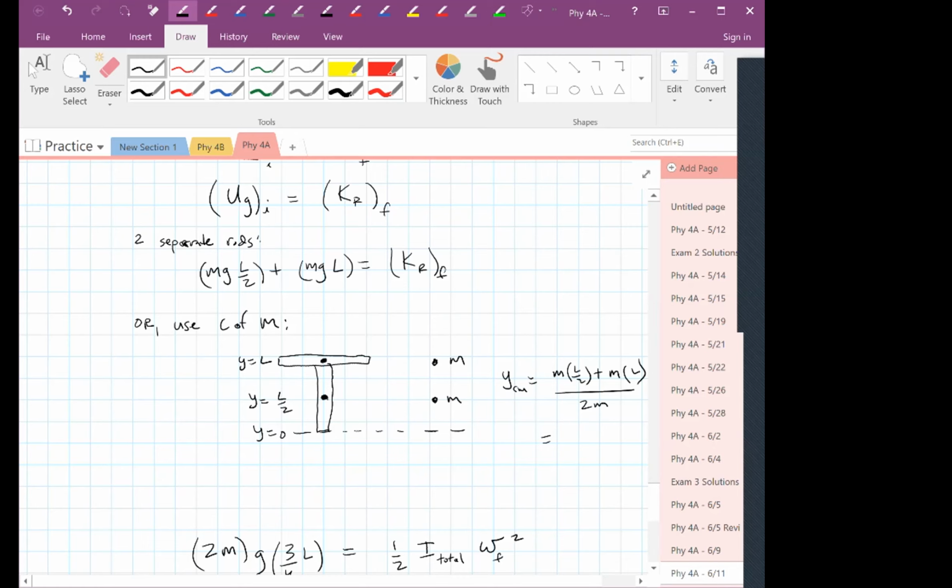And what do we get? We get 3L over 4. And then we put all the mass at that location.